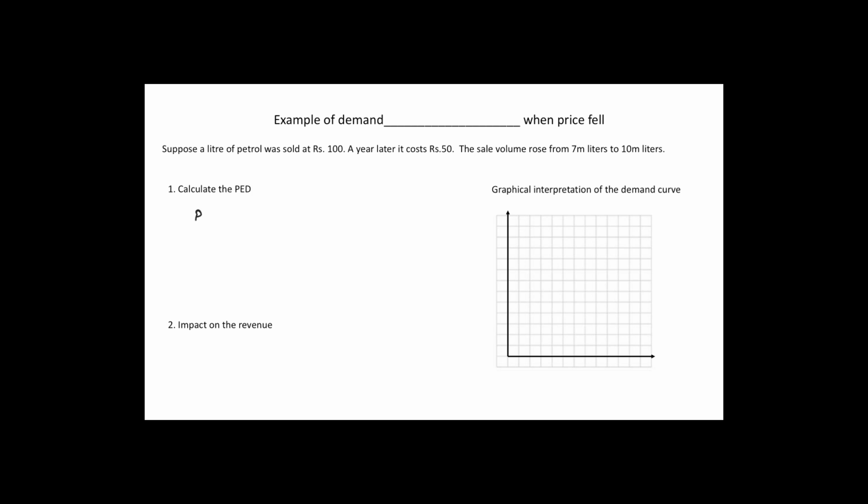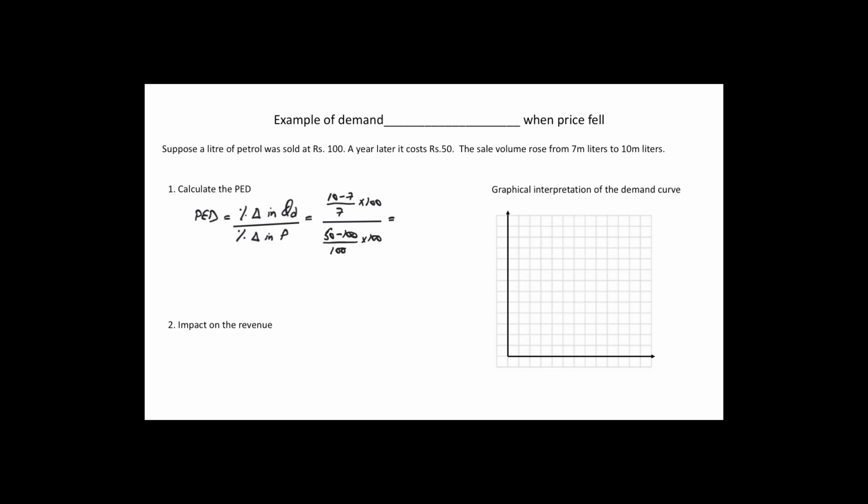Let's do our formula, which is PED equals percentage change in quantity demanded over the percentage change in price. Using the formula, what we have is 10 minus 7 divided by 7 into 100, and the whole thing will be divided by 50 minus 100 divided by 100 into 100.